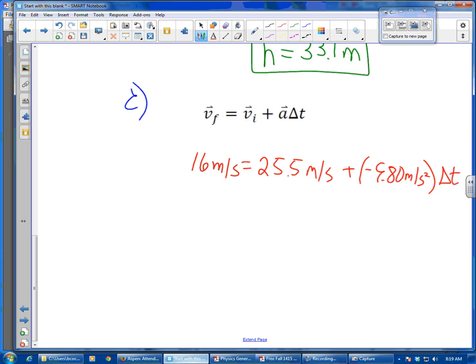I'm assuming that my time started when it was thrown. And I get an answer, if I do that out, of delta t should equal 0.965 seconds on part C there.